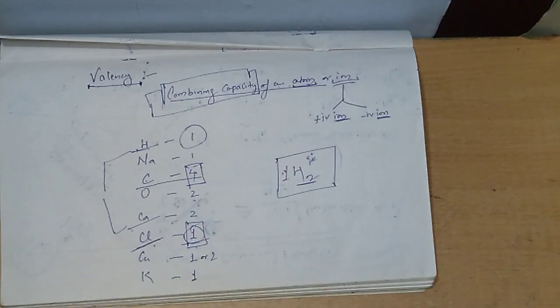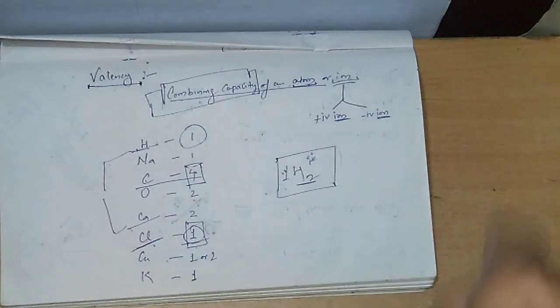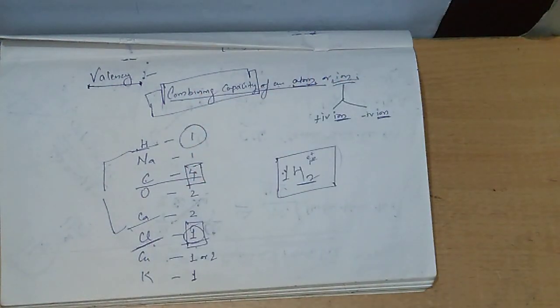For any substance to be in a stable state, it needs to complete its duet or octet. What is the meaning of duet? That means two electrons must be there in the shell, in its orbit, and then it would be in a stable state. Or it must have 8 electrons in its outermost shell, so that it would acquire a stable state.